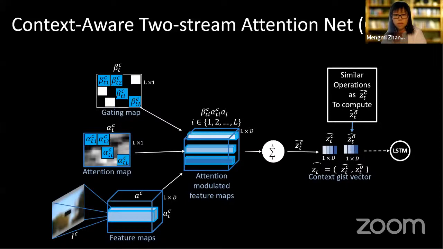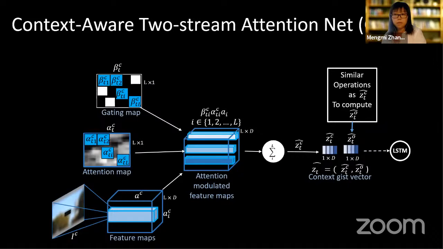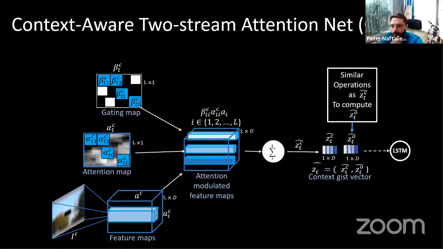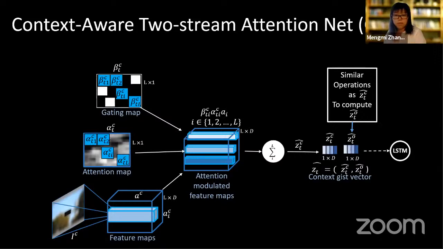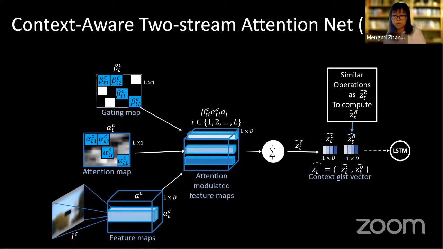Then you just take the mean of all those feature vectors over all the locations, because you have a different feature vector for each location. For each location, you take the mean over the features? No, you take the mean over all the locations. Ah, for that specific feature. Correct, and this goes to the LSTM. You get a 1 by D vector, and then you concatenate them and pass to the LSTM.